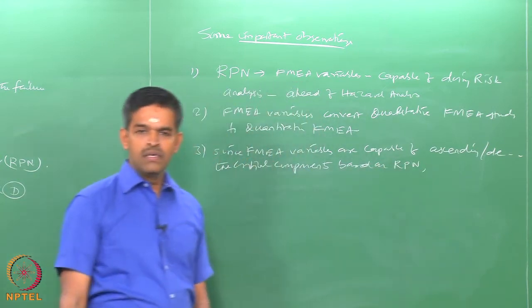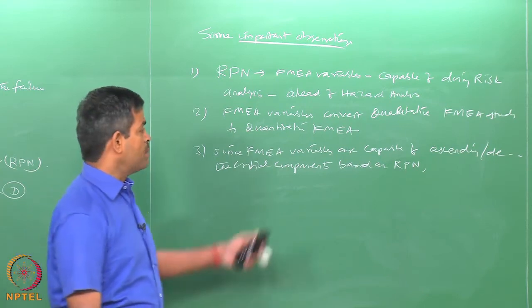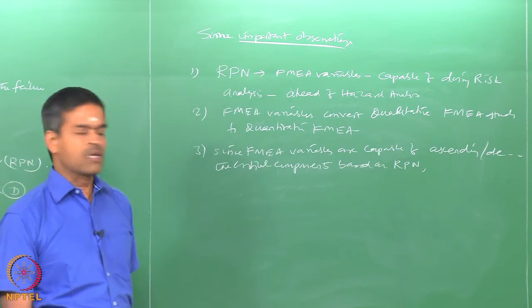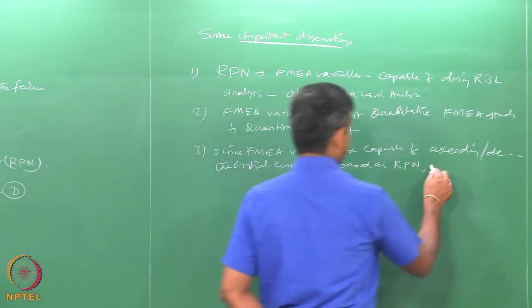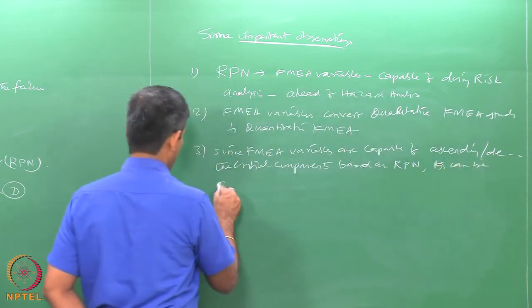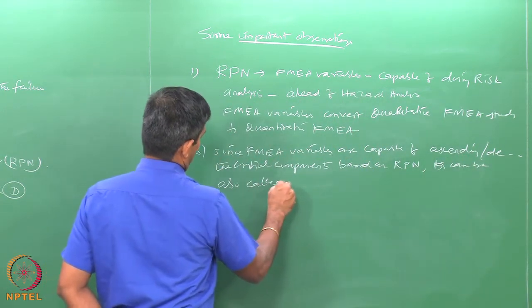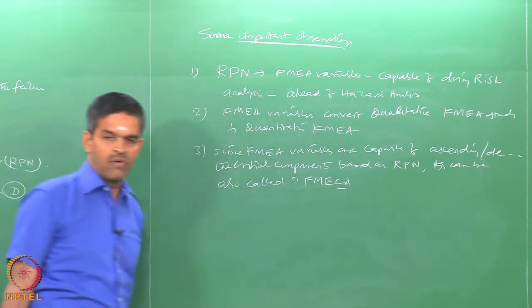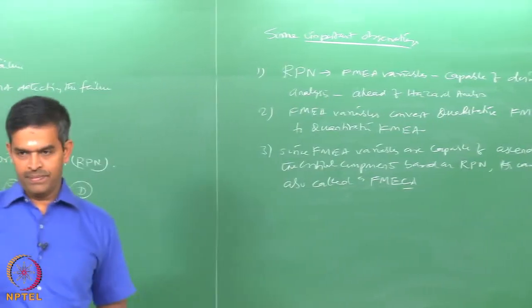On the other hand, the component whose RPN is maximum is considered to be the most vulnerable component or the most critical component. This can also be called as FMECA, where C stands for criticality analysis.